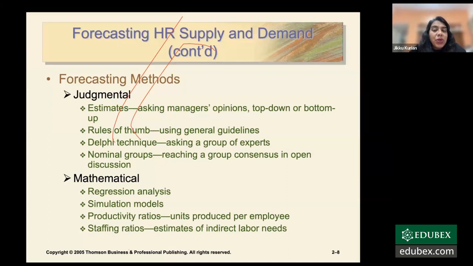Rules of thumb is using general guidelines. So if this many people exited the organization this year, or a particular new organization is coming into the market, say an MNC is establishing its business in your area, they will start hiring, and you know that this company pays better than what you are paying, or better than what your competitors are paying.